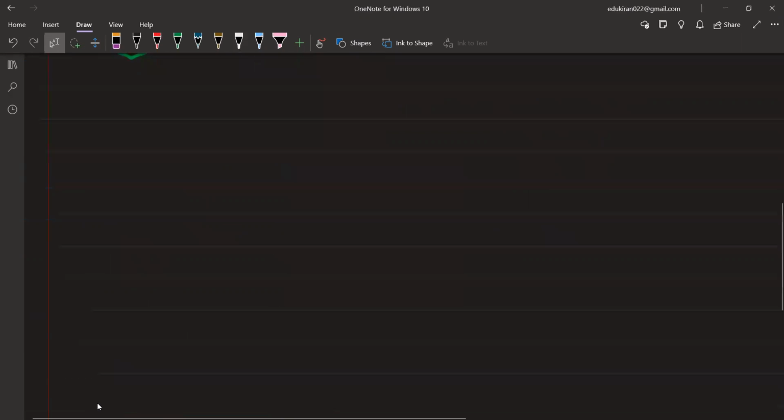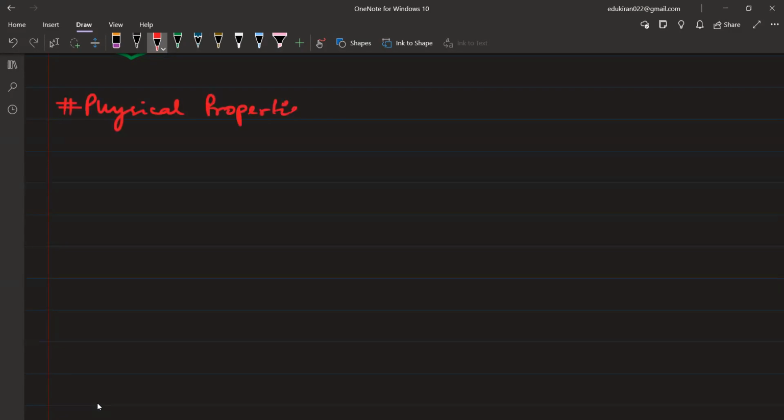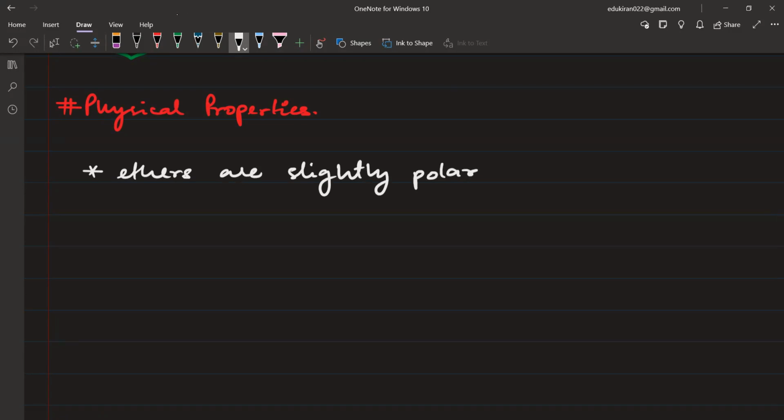Right, next. First of all, let us look at physical properties. With the first point, ethers are slightly polar. So they don't have anything else. They are just polar molecules, slightly polar, not very much polar.